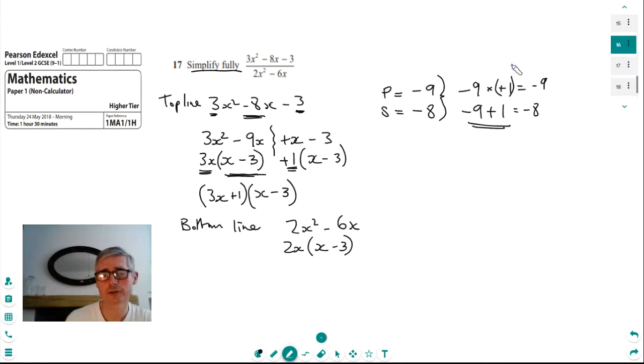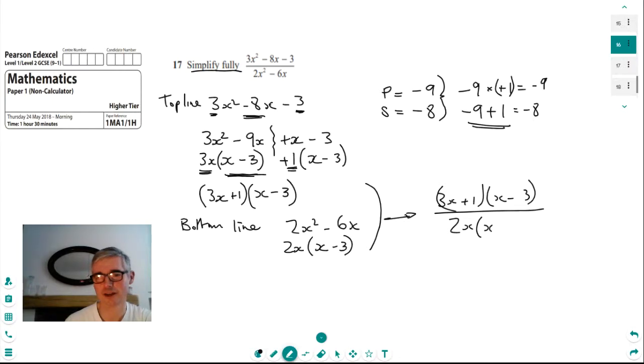If we combine both of these and we replace the expressions in the original fraction, what we'll end up with is the top line being 3x plus 1 multiplied by x minus 3, and the bottom line being 2x times x minus 3.